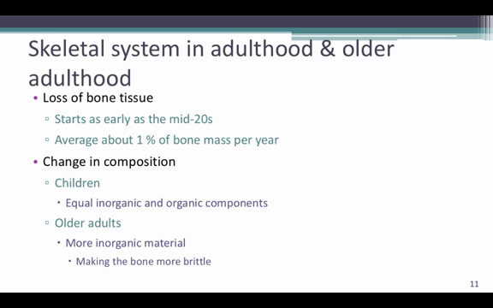There are changes in the skeletal system that occur in adulthood and older adulthood as well. The loss of bone tissue begins to occur around the mid-20s, and there is an average of about 1% of loss per year. As we go into older adulthood, the composition of our bones changes as well. Children have equal parts inorganic and organic components, while older adults have more inorganic material in their bones, making them more susceptible and easily breakable.